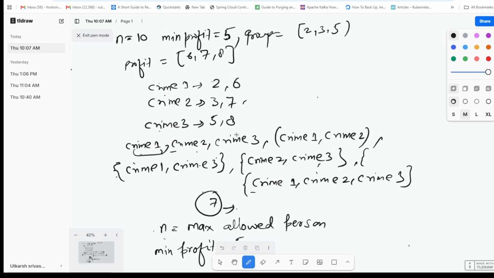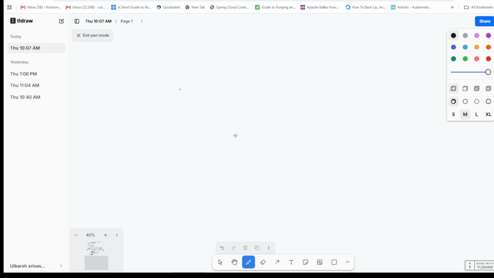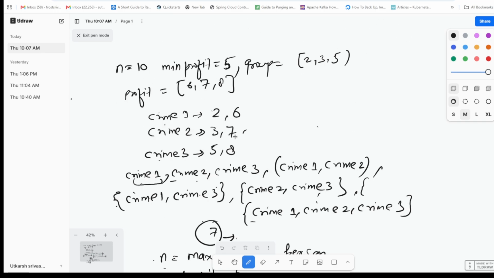Right. So what can we do? For this type of subset problem, we always go to our take and non-take approach. For every possible value, we have a choice whether to include that value or not include that particular value.